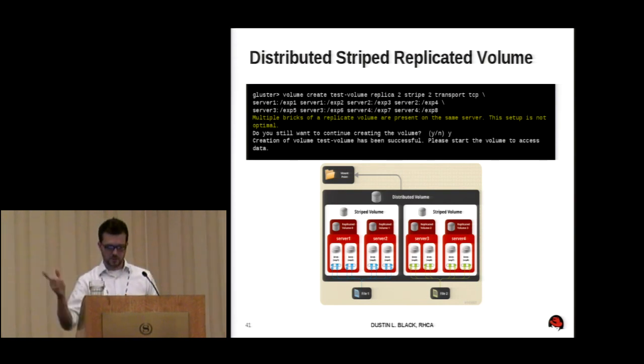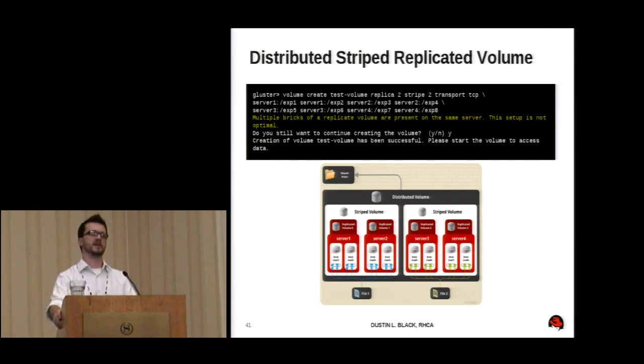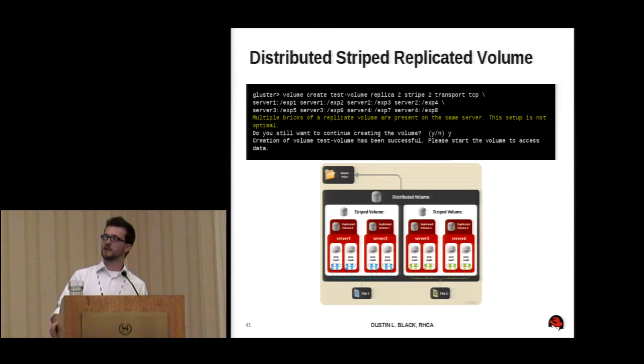Now, you'll notice when I pass this command, that green highlighted bit is complaining to me, and that's because whoever created this graphic didn't take into account that this was not an optimal scenario. What we're doing in this case is we're actually replicating between bricks on the same node. And that has to do with the order that we've passed the bricks in. It's going to set up the replication based on the order of that.